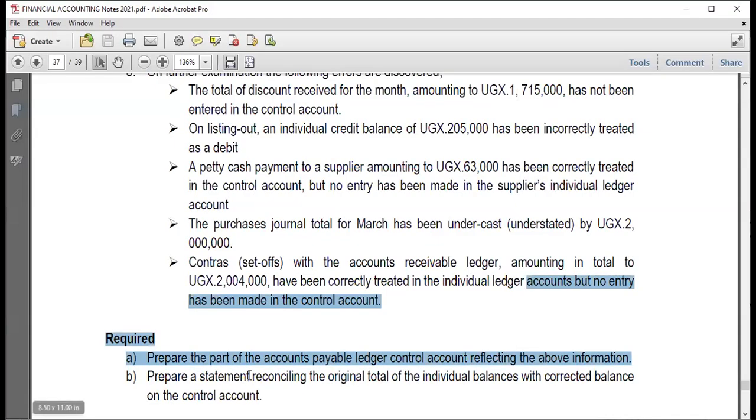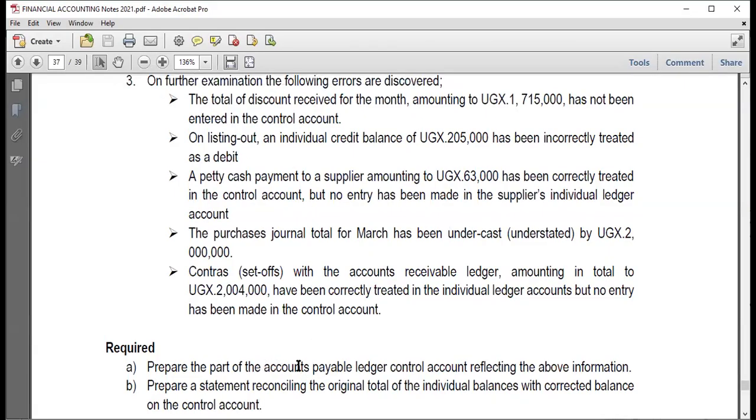And then they want us to prepare a statement reconciling the original total of the individual balances with the corrected balance of the control account.